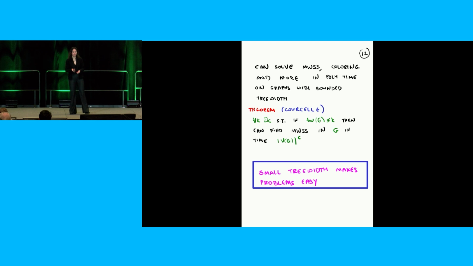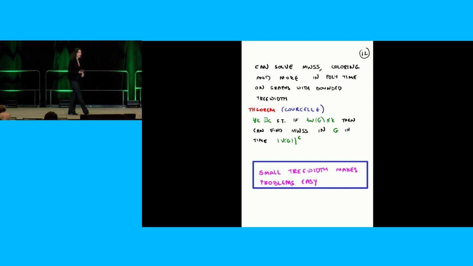So it's a theorem of Courcelle that for every bound on the tree width, you can solve max weight stable set in polynomial time on the class of graphs where tree width is bounded by that bound. So that's good for us. Small tree width makes the problem easy.